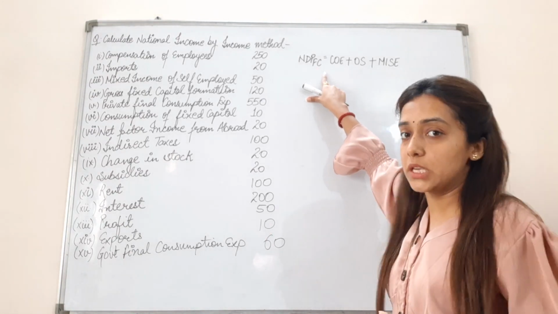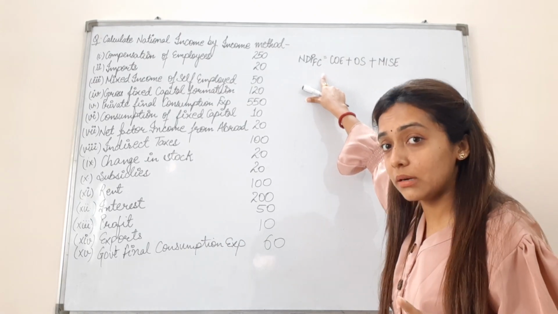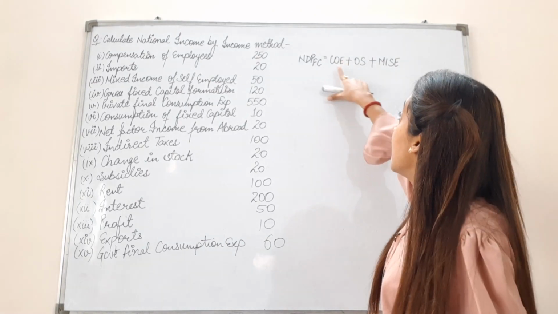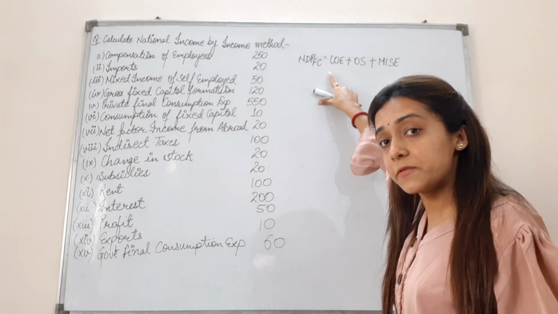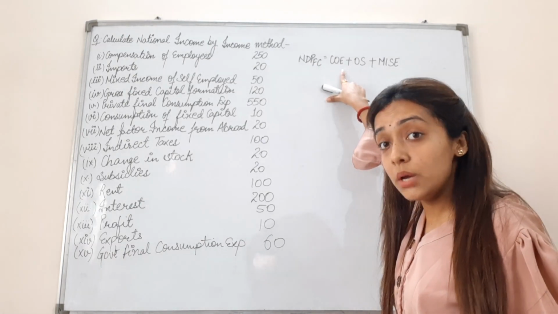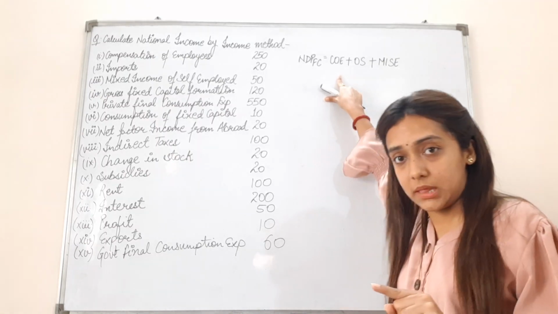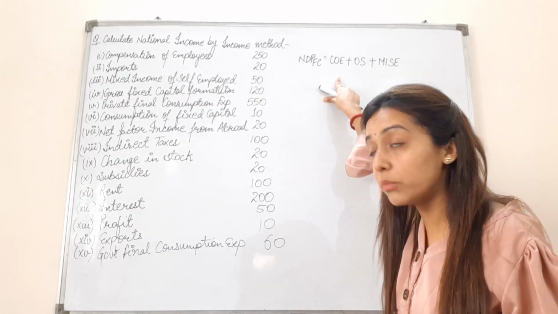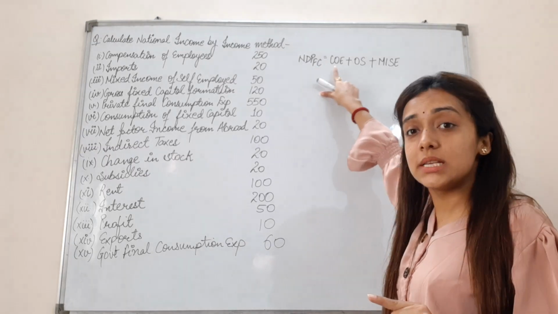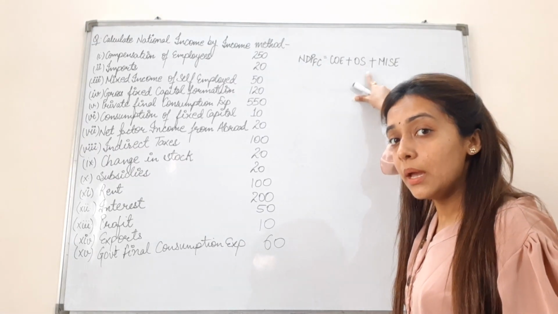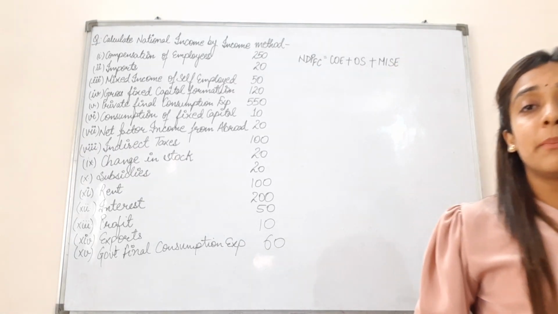NDP at FC only. What is the formula of calculating the national income by income method? We have the formula: NDP at FC is equal to COE plus OS plus MISE.